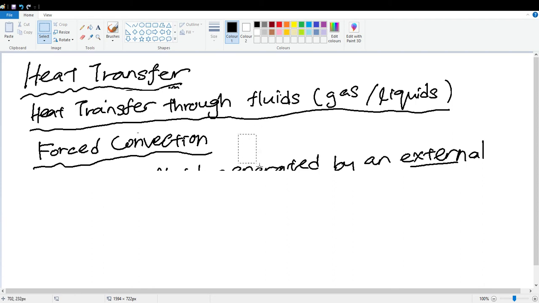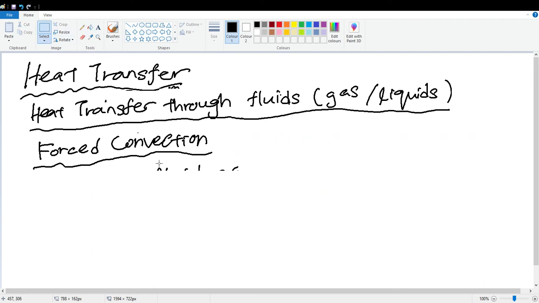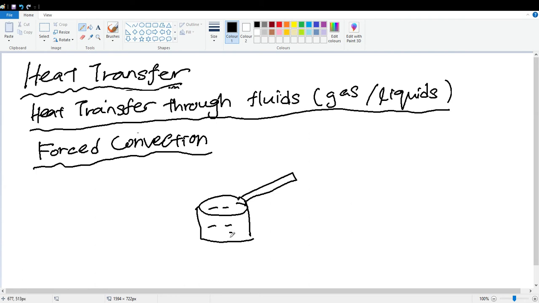Okay, so as for my example for the forced convection, let's say I have a pot. I am about to use this pot to cook my water, and this is my water inside the pot.